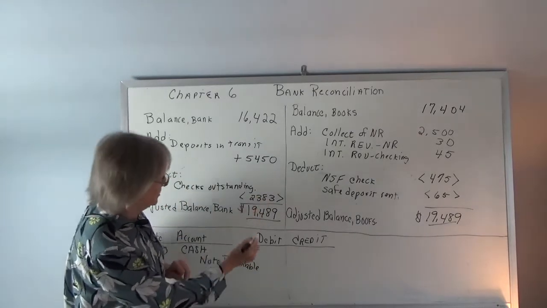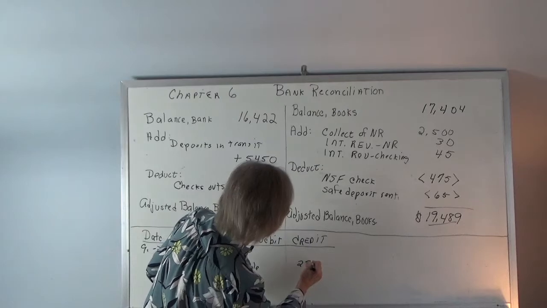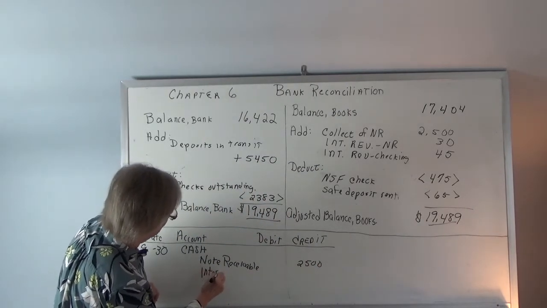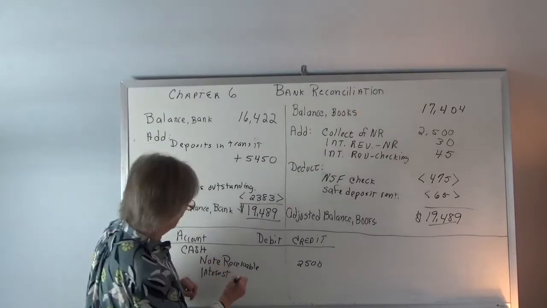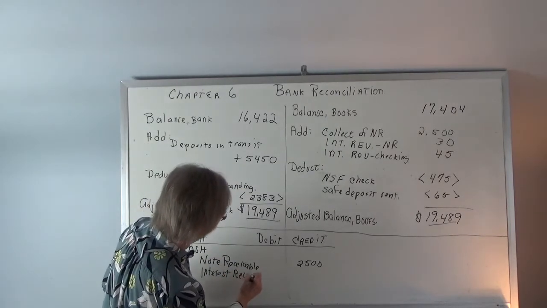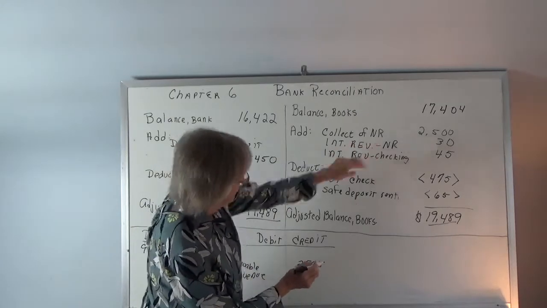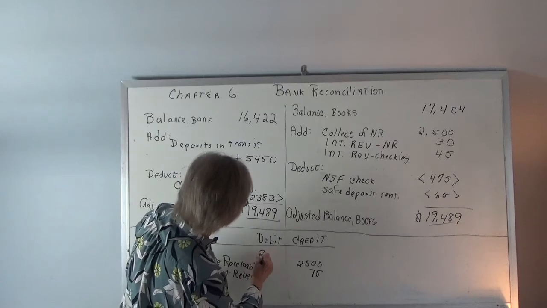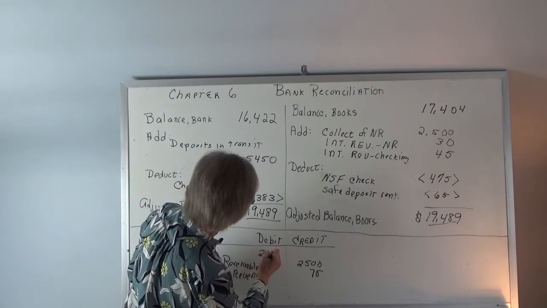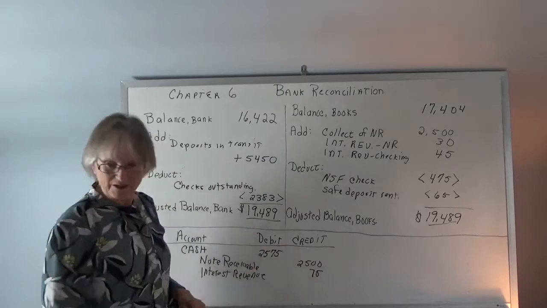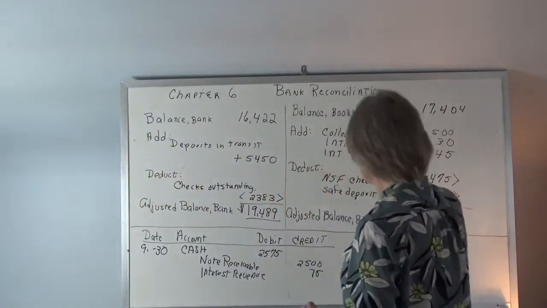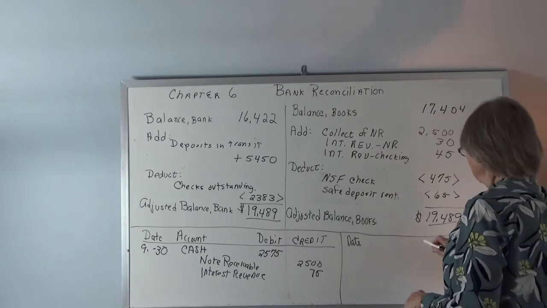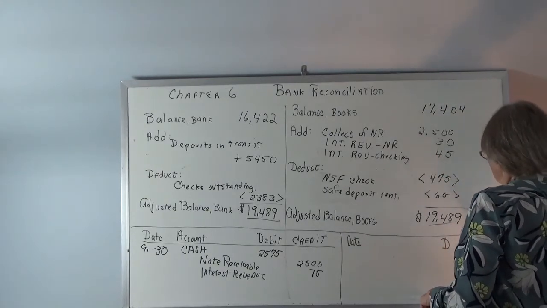Okay, and that would be for the 2,500. And then we would be crediting also our interest. It's hard to write down this low, but that's all right. Interest revenue. And I'm going to put those together at 75. Okay, and so cash would be debited for 2,575. And then we have to go over here to make the other journal entry. And so we would go date, and here's our debit, and here's our credit.